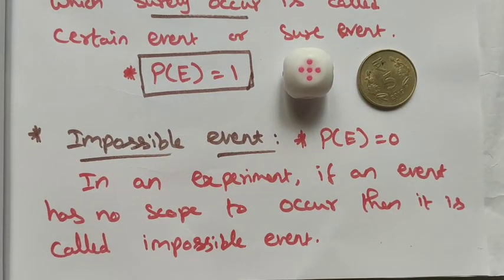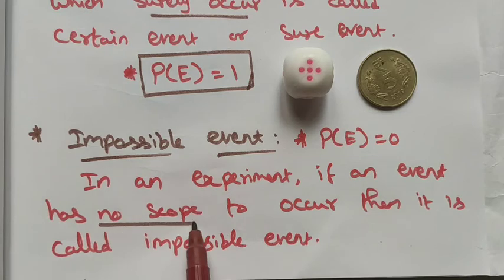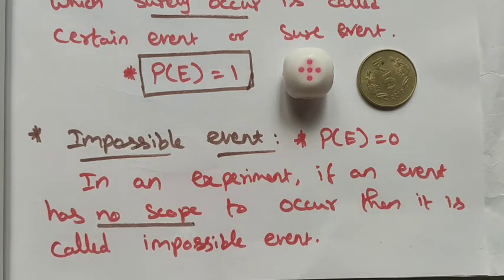Next we see the impossible event. Impossible means it is not going to happen. That is the impossible event. So see, in an experiment, if an event has no scope to occur, then it is called an impossible event.